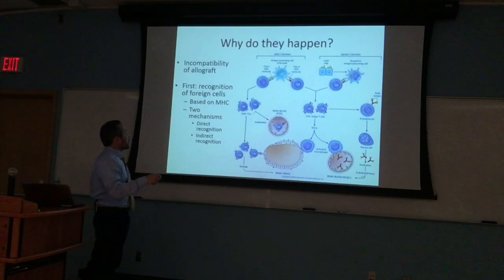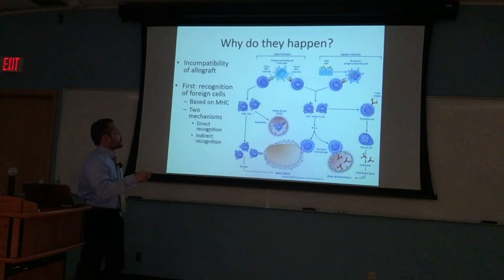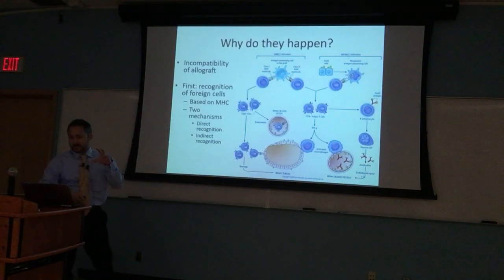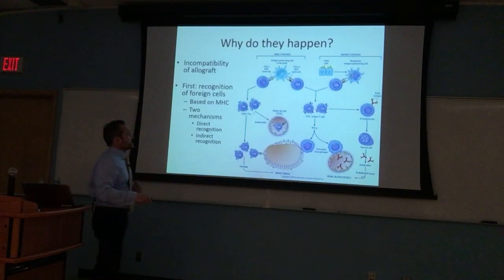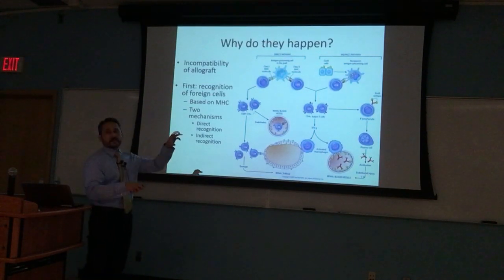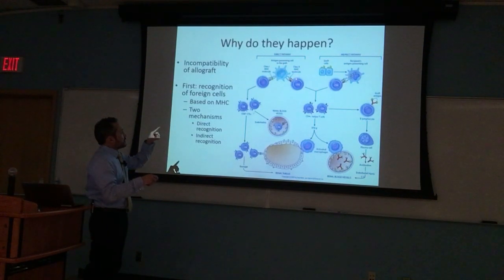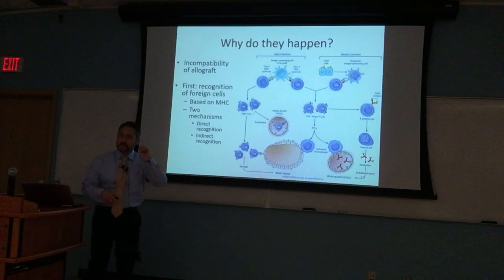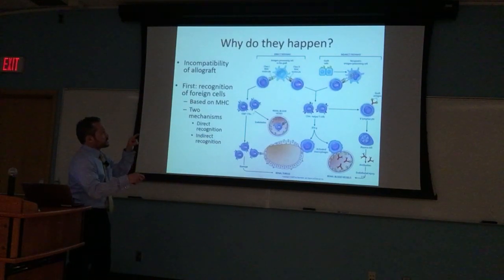So let's look at the direct pathway, which involves an antigen-presenting cell in the graft itself, showing antigen to either CD4 or CD8. So it's displaying an MHC class 1 or an MHC class 2 to the respective T lymphocyte.